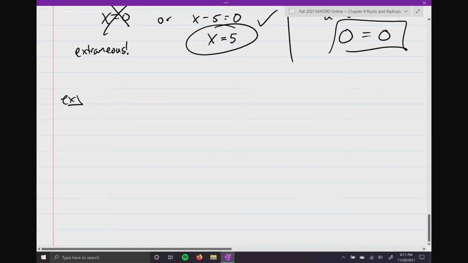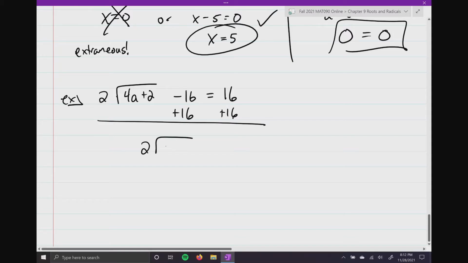How about 2 times the square root of 4a plus 2 minus 16 equals 16? Once again, you see the radical symbol, you got to isolate it. So I will add 16 to both sides. That's going to give me 2 times the square root of 4a plus 2 equals 32.